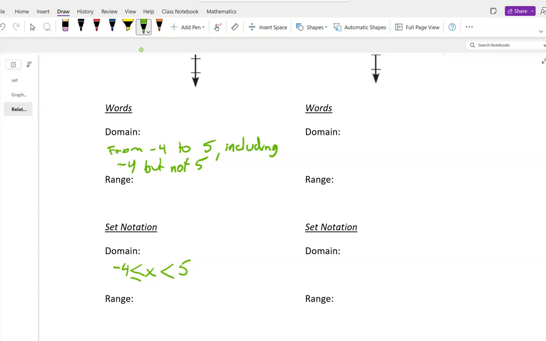Now notice the symbols. Equal to because -4 is included, not equal to because 5 is not included. And we could say x is a real number. Again, I don't need to have that part. I used a comma there. You can use a comma. You can also use a line here, which just means such that.